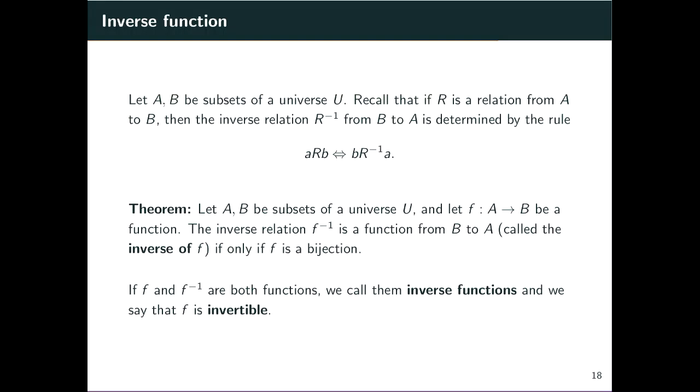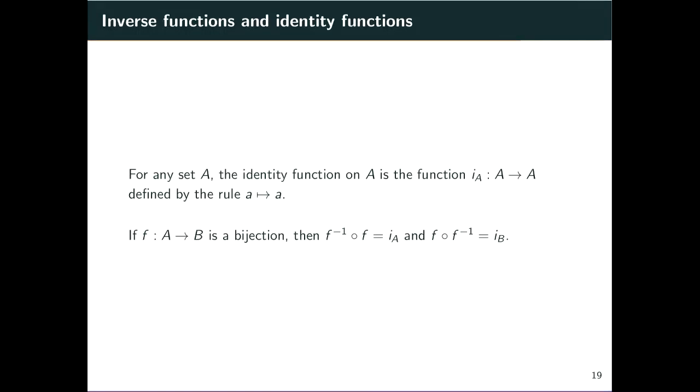Okay, so if, for example, I give you a function and ask whether it is invertible, then what you need to prove is that it is a bijection. And then we have this nice property of invertible functions.